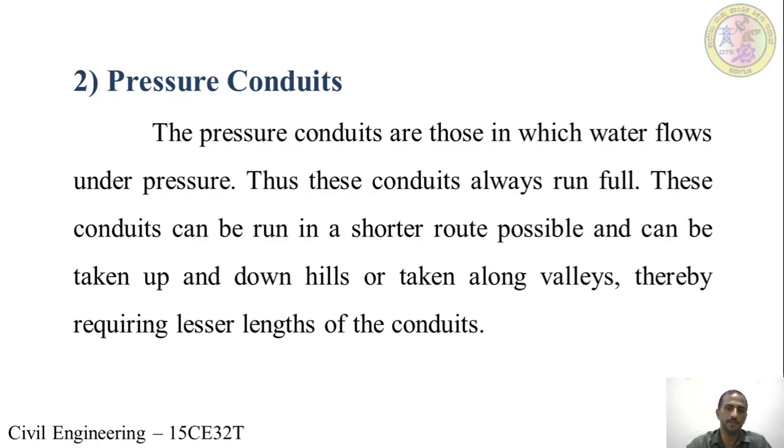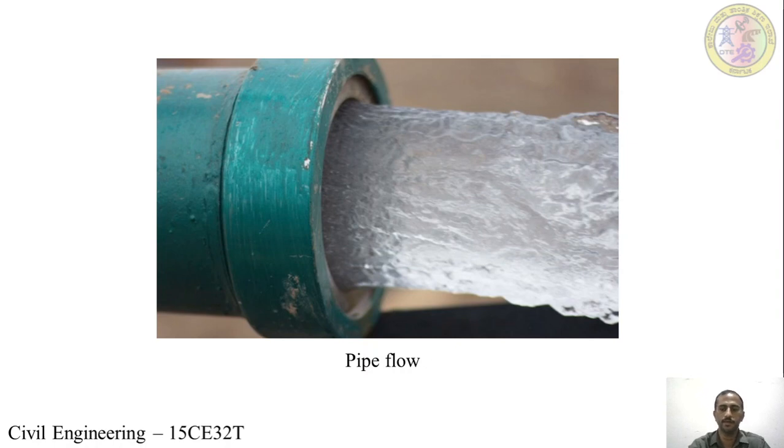In some conditions, we can use both, where the water is pumped to a higher elevation. From there, the water flows under the action of gravity towards the treatment plant. Here you can see the picture of a pressure conduit flow, where the water is flowing fully under pressure.